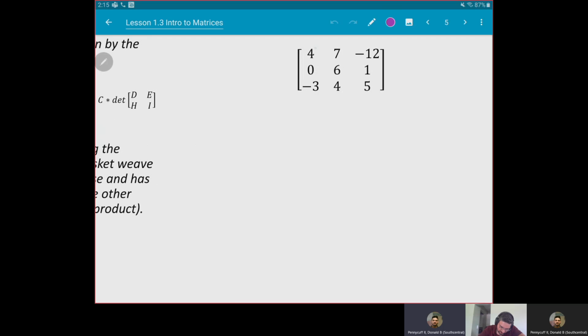What you do is this top row gets written 4 minus 7 plus negative 12.